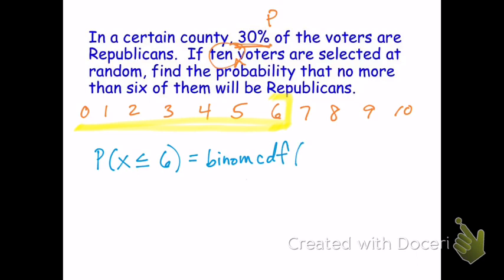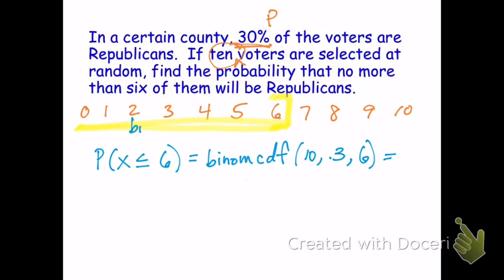How many trials do I have? My probability is 0.3, and my number of trials is 6. Another thing that free responses like you to do is define your distribution.